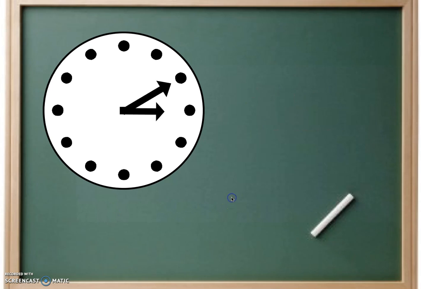Okay, now the next one. The hour is pointing to 1, so we know it's not going to be son las, but it's going to be es la. The minute hand is pointing to 15, which we know instead of saying 15, we could say cuarto. So we have 1 and 15.